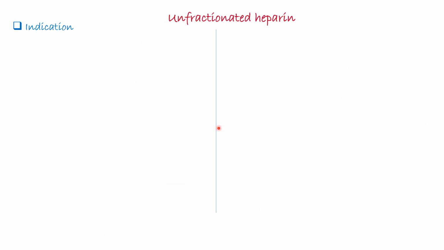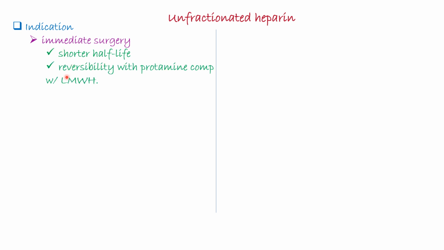In terms of unfractionated heparin, it is the next drug of preference after low molecular weight heparin. What are the indications? For example, when you have immediate surgery, because it has a shorter half-life. Also, reversibility with protamine sulfate is easier and faster compared to low molecular weight heparin.